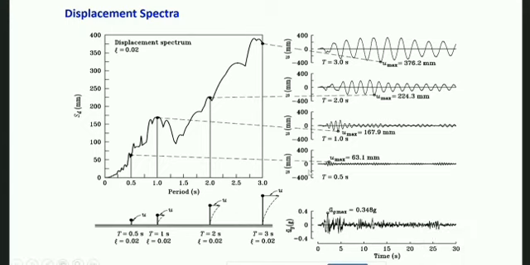You see that if we plot the displacement as a function of time, then for a stiffer system the variation is very small and the displacement is also small.